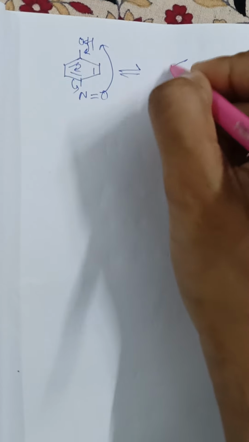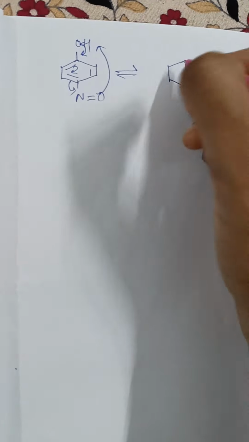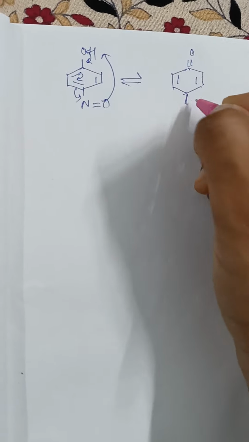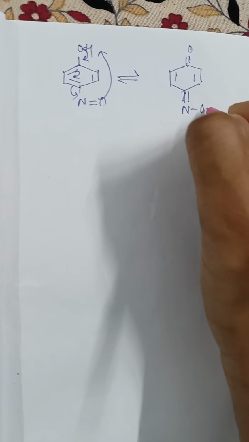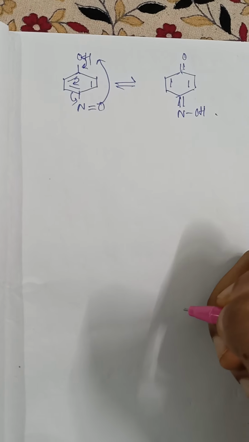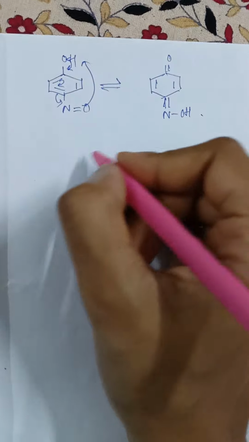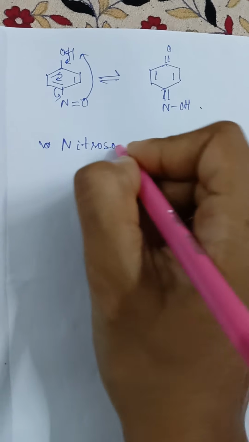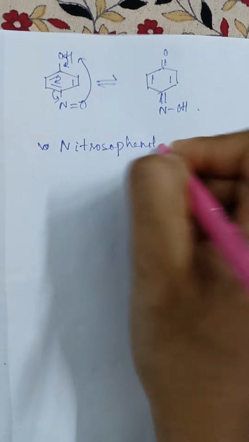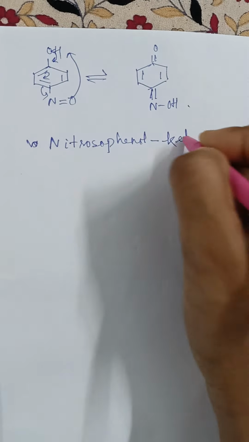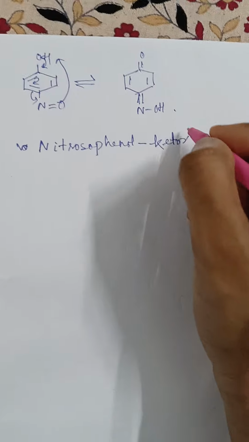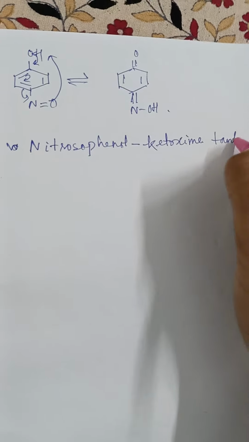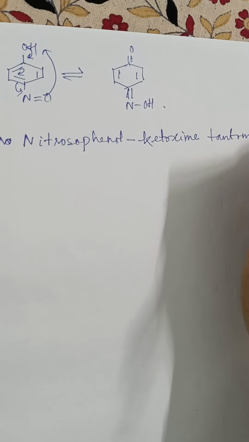Okay. So what will be the product? It will be double bond NOH. Okay, so this is known as nitrosophenol, ketoxime, tautomerism. Okay.